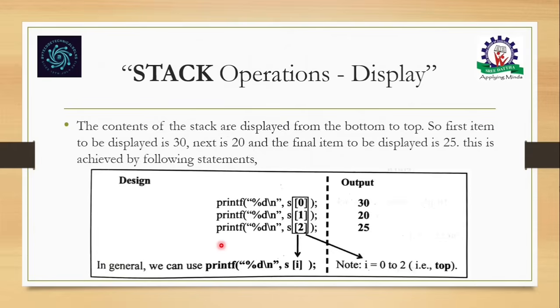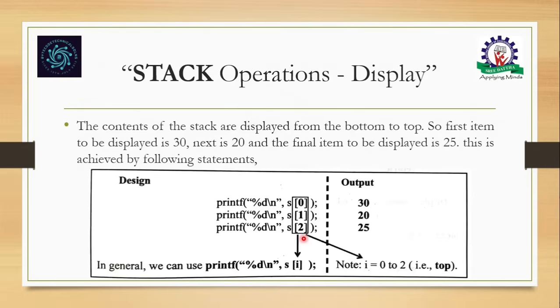We have three types of looping statements: while loop, do while loop, and for loop. Among these, the for loop gives better performance. When using the for loop, I will take the index values 0, 1, 2 with the index variable I, starting from the 0th location till the pointer top, because top gives me the last element available in the stack body.